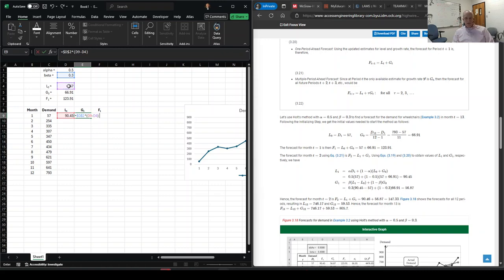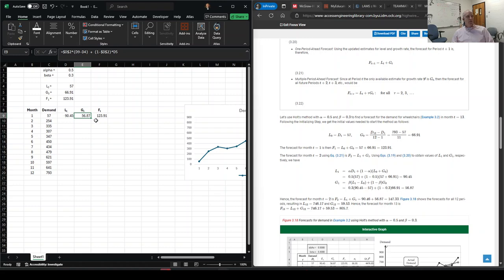Close parentheses, plus 1 minus the beta, which is 0.3. I'll anchor that. Times the previous period's growth, which is 66.91. We should see 56.87, and there it is, 56.87.